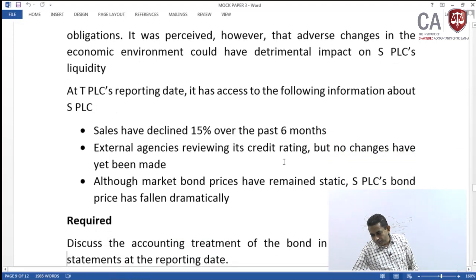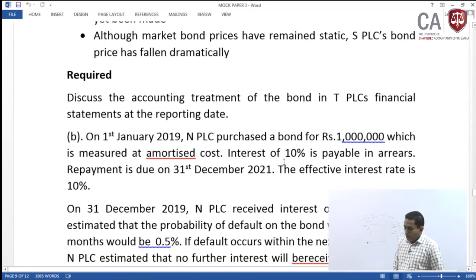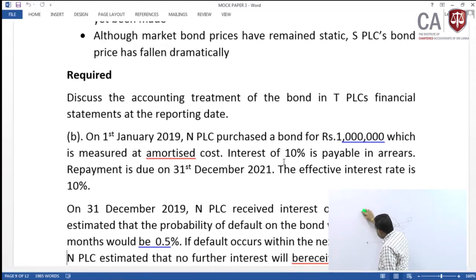Let us continue. Part B. On 1st January 19, NPLC purchased a bond for 1 million rupees, which is measured at amortized cost.